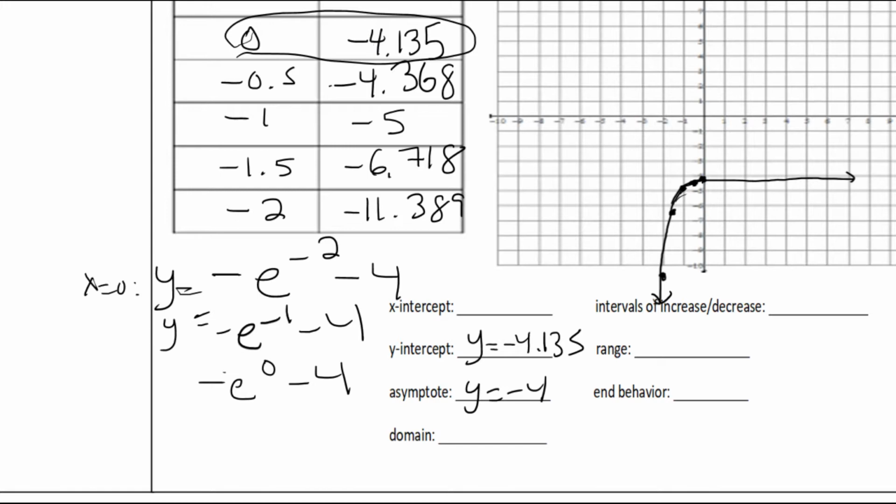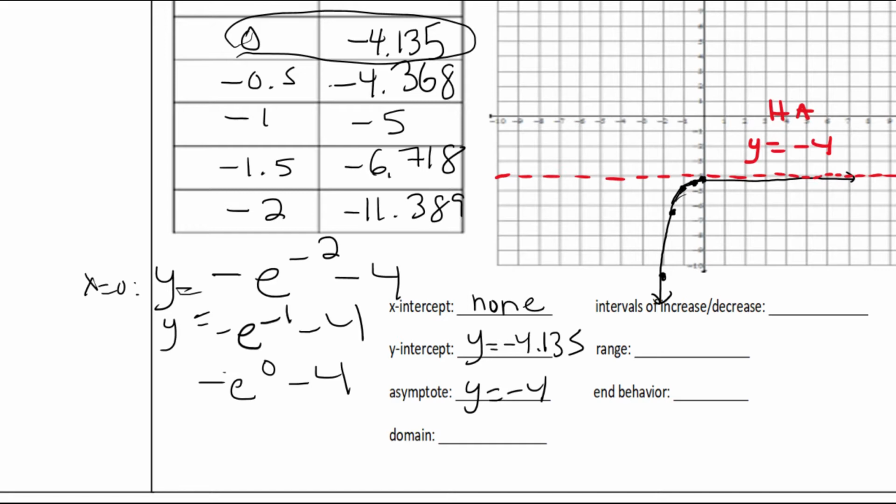All right, so our horizontal asymptote is at negative 4. So let me write this out. We got y equals negative 4 is our HA, as you can see from the graph. Our x-intercept, we have no x-intercepts here, so none. It doesn't cross the x-axis at all.